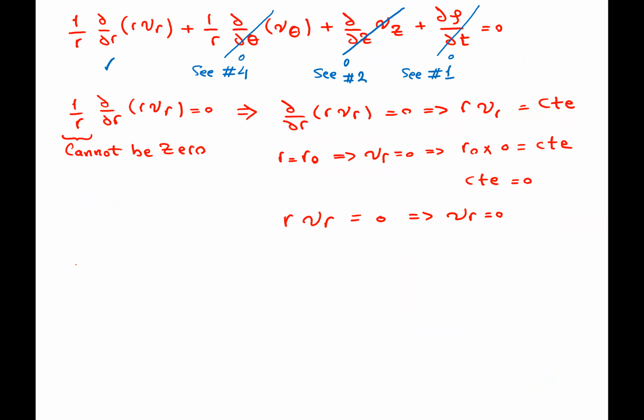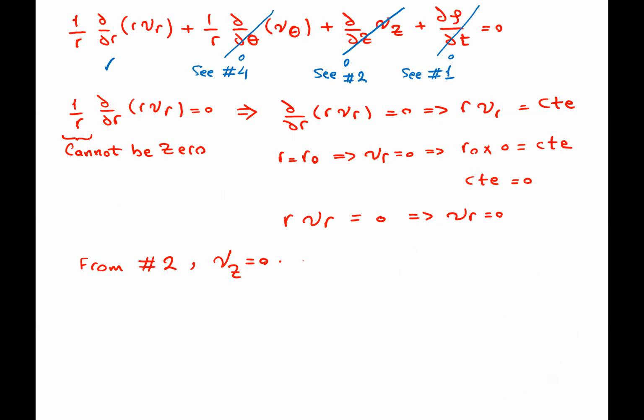So I say, from the second piece of information given in the problem statement, v_z is 0.